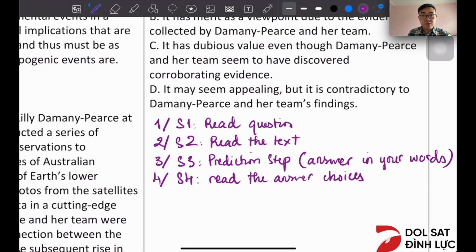That way, you will not be swayed by the preconceptions and confusions that all the incorrect answer choices cause for you. Okay, and then step 5, among the answer choices, you would choose the best answer that is closely matching with your prediction in step 3.